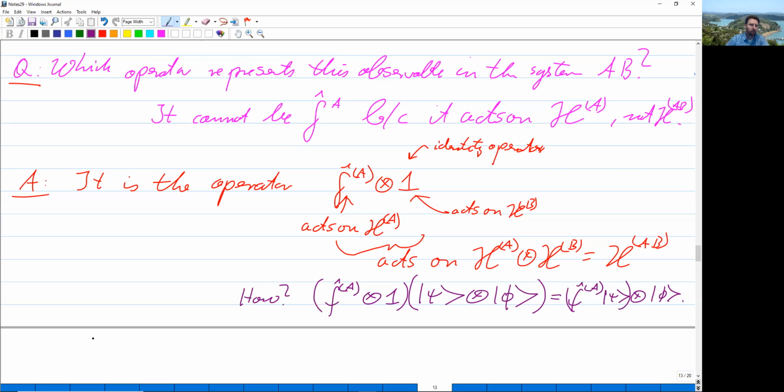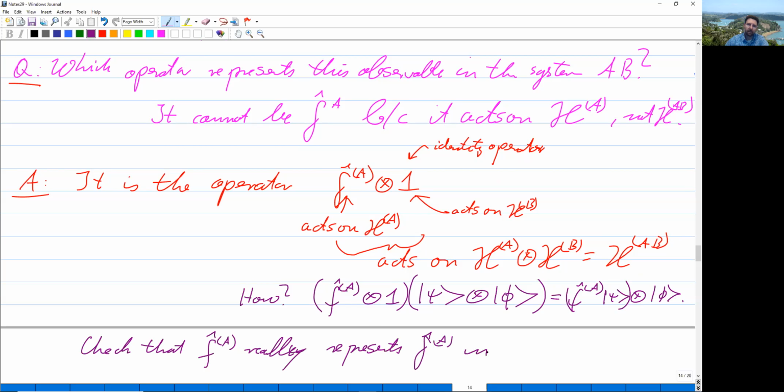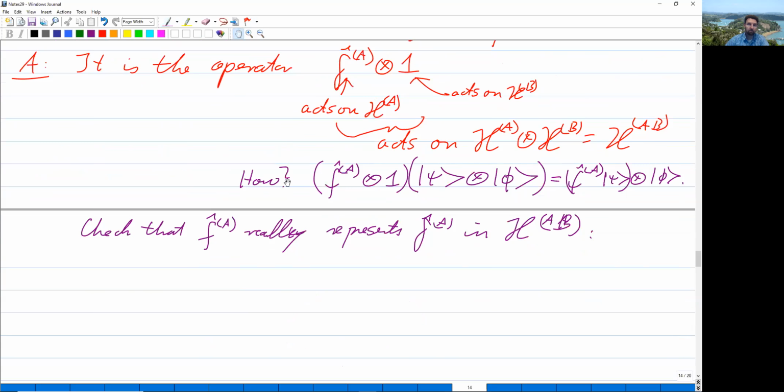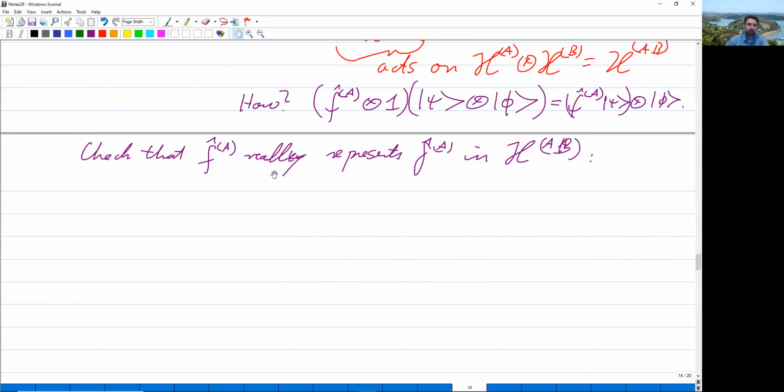Now, how do we know that we actually get the correct answer? Check that f hat A tensor 1 really represents f hat A in the Hilbert space HAB. And we check that by checking whether the predictions come out right.